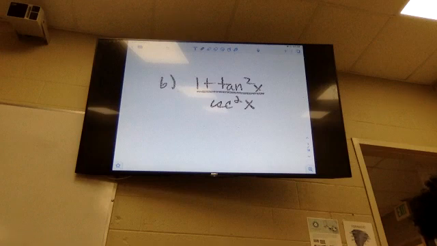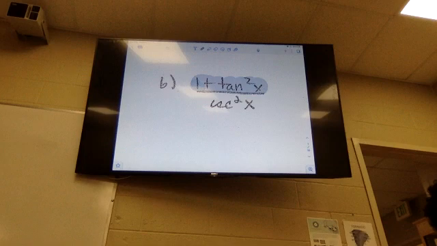One plus cotangent x replacement cosecant. I'd rather go the other way. Can you replace 1 plus tangent squared with something? Secant squared. Do you see that in your third Pythagorean identity?